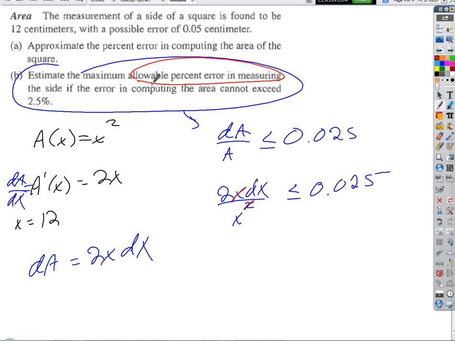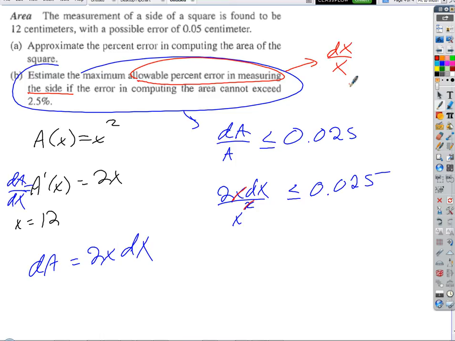dx is the measurement error in x, but the percent error in measuring x would be dx over x, right? When they ask for the allowable percent error in measuring the side, percent error is a relative error, so that's dx compared to x.